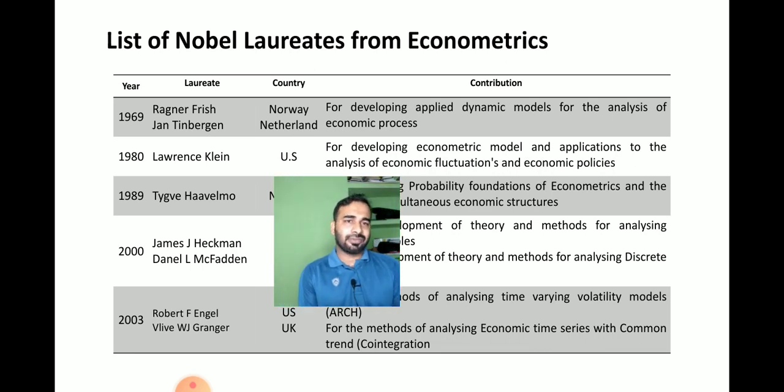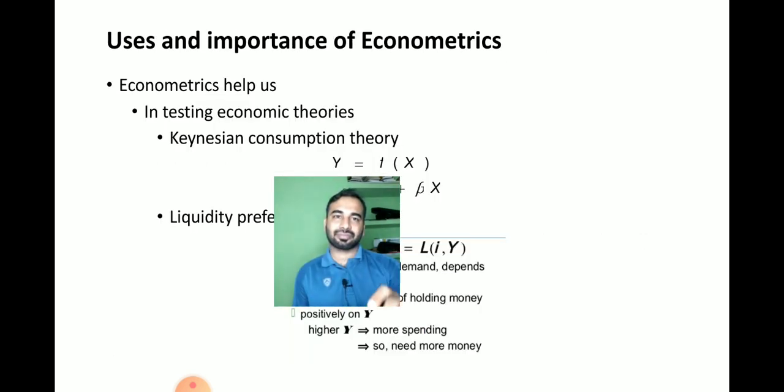He got the prize for a macroeconomic idea, but his main contribution is in econometrics. There are a large number of Nobel Prize winners in econometrics, and their contributions have a huge impact on research in economics and on verifying economic theories.